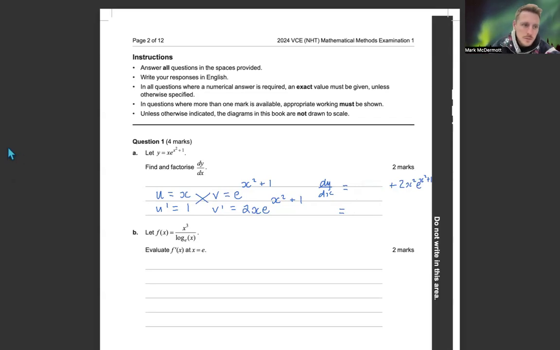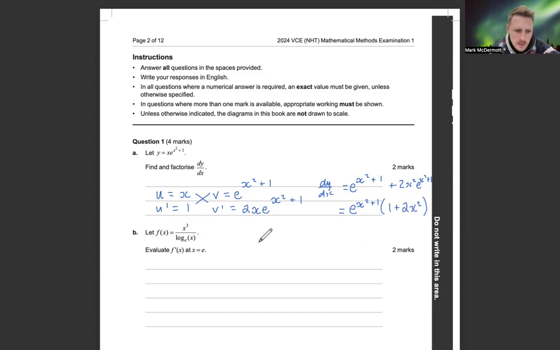This first part should have been e to the x squared plus 1. I think you would agree. Okay, and then that's a factor, so that comes out the front, e to the x squared plus 1 out the front of 1 plus 2x squared. And I think that would be the right answer there.